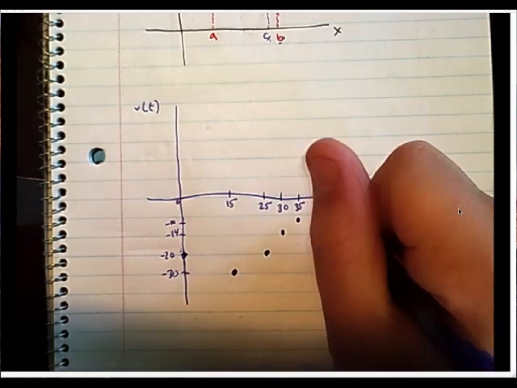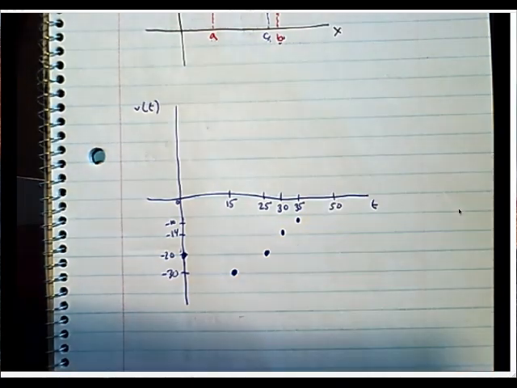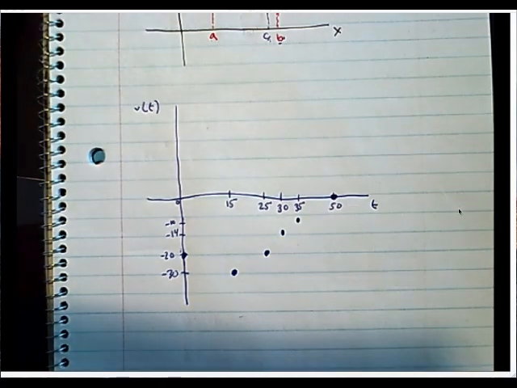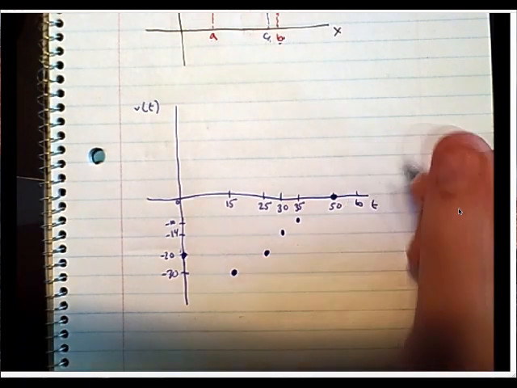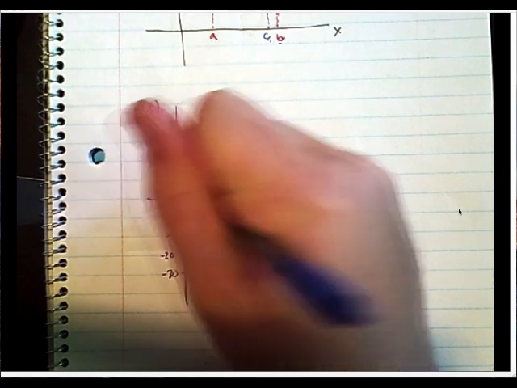At 50 seconds, my velocity is 0. And at 60 seconds, the velocity is positive 10.